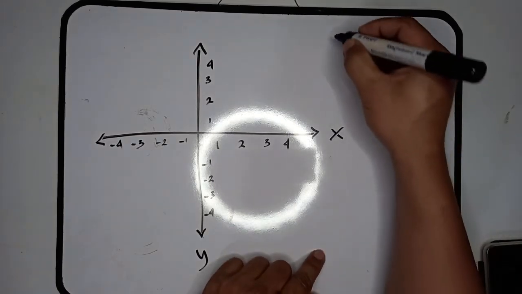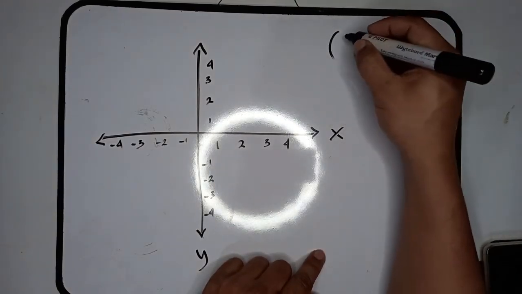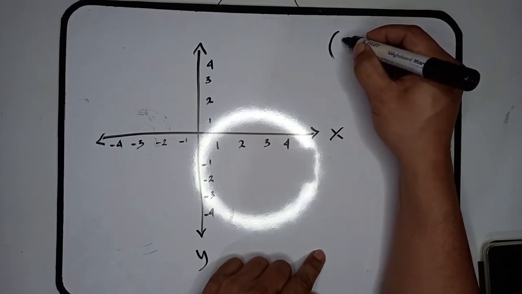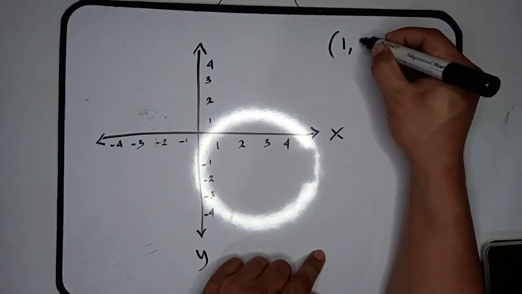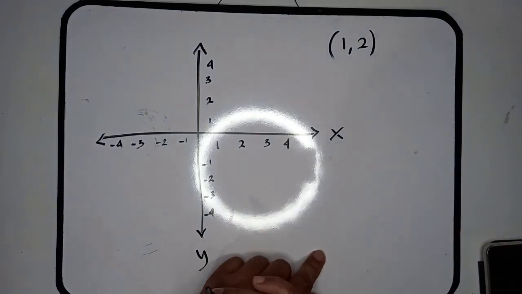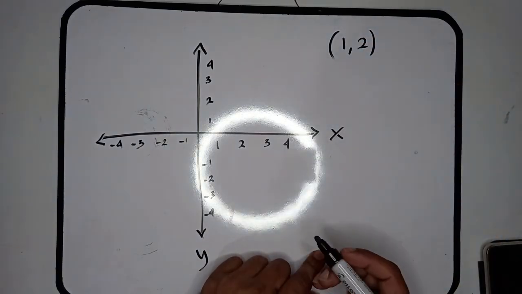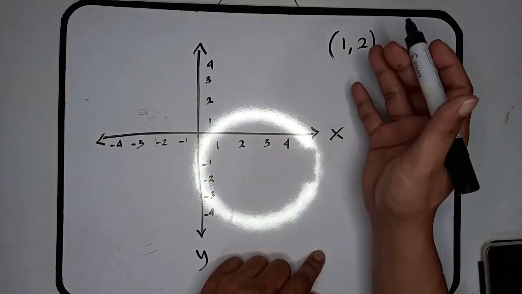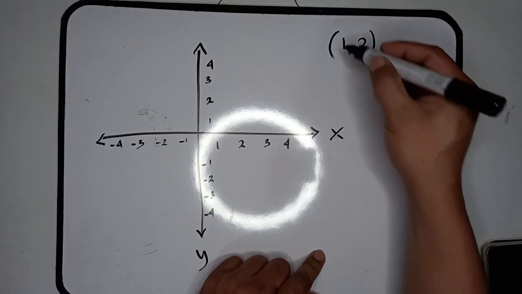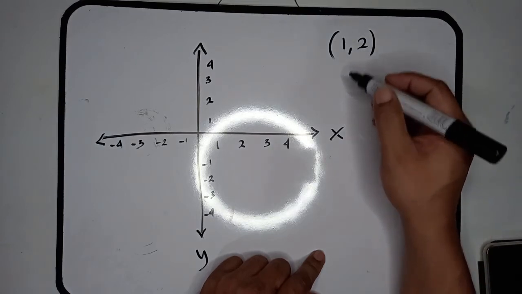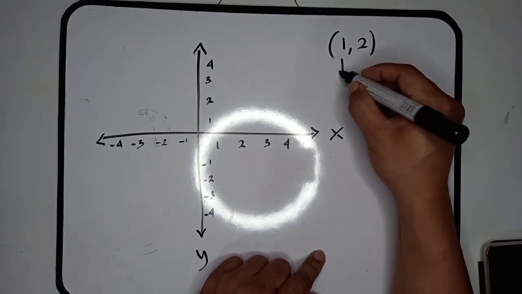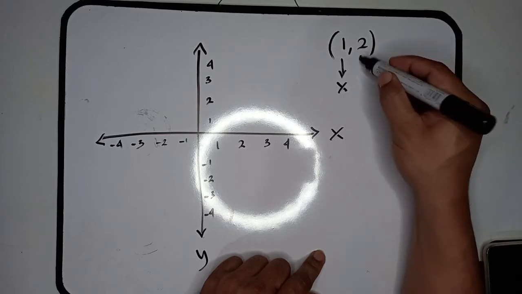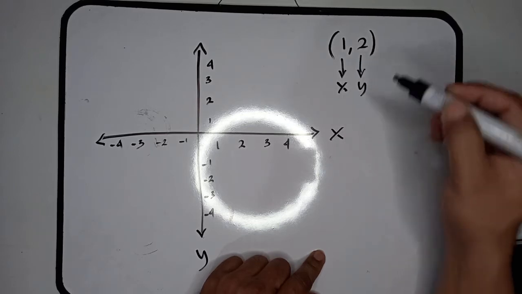So if you're given a pair of numbers, let's say 1 comma 2, basically this defines a point. Okay, so how did we say that this is a point? Because the first number there is what we call the x, and the second number there is what we call the y.